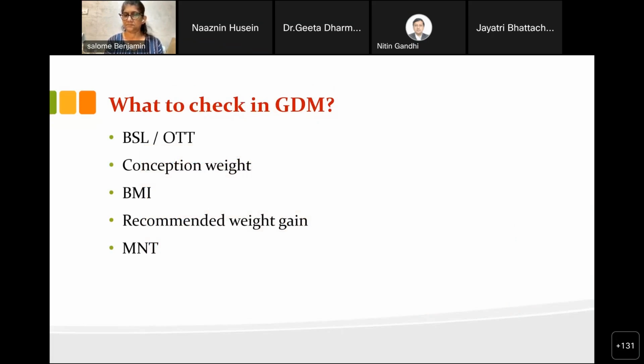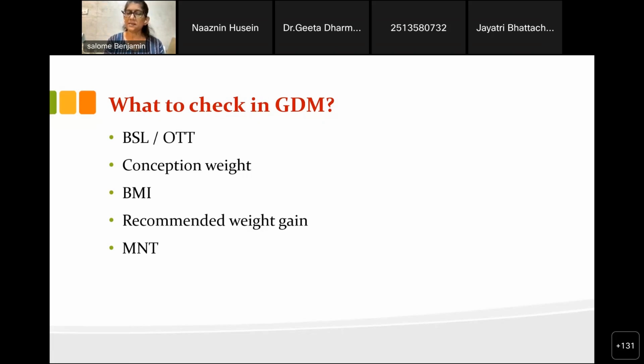When the patient with GDM comes, first of all, you will check which trimester the patient has come in. And then you will try to find out the preconception weight. Many times the females who come with GDM do not even know their weight.